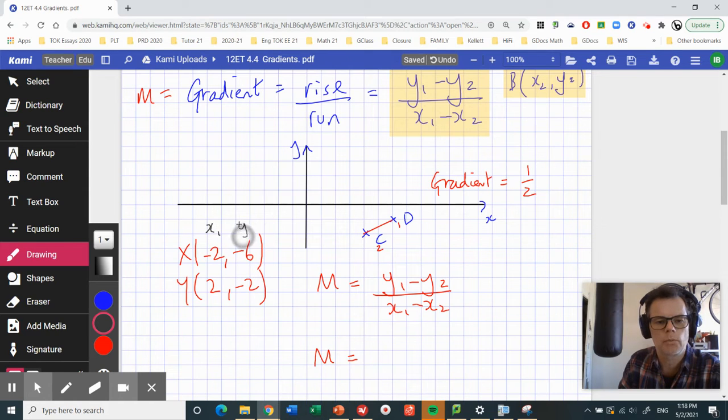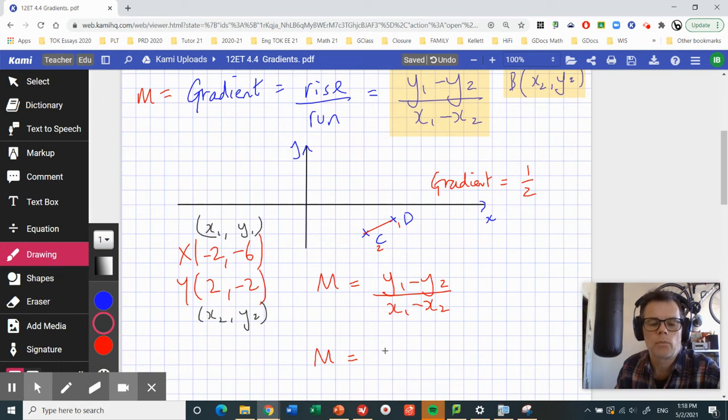That's going to be x1, y1, and this one will be x2, y2. Then I just substitute the numbers in. So y1, -6, minus y2, -2, and then x1, -2, minus x2, 2.